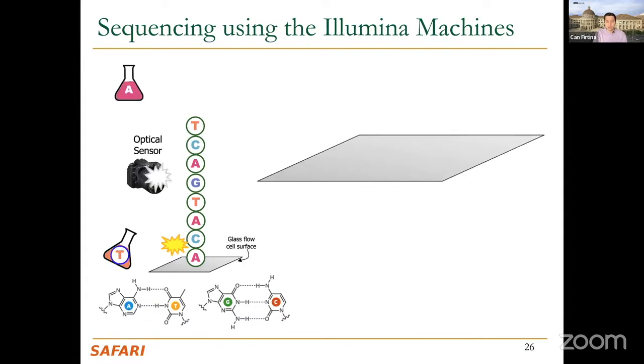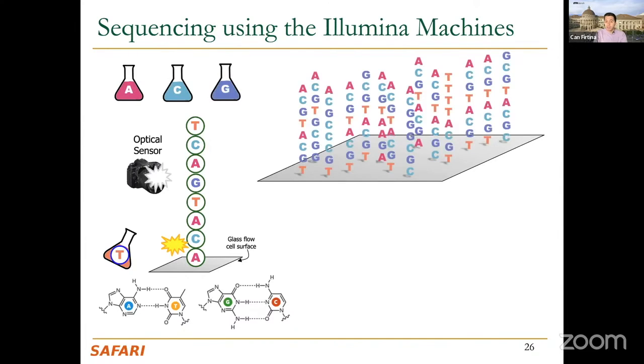You should assume that there is not only T, but a bunch of other bases, the ACTGs, floating around these copies of DNA fragments. This is the surface that I was mentioning, and there are many copies of this particular DNA fragment. Assume that this is the DNA fragment that we're sequencing at a certain time.